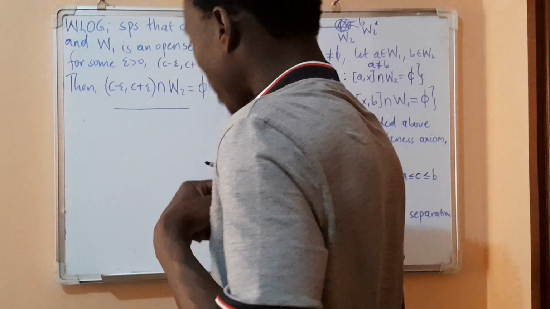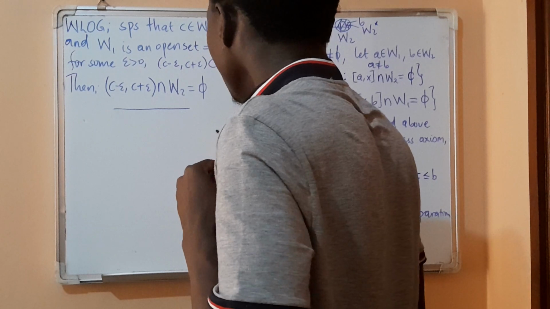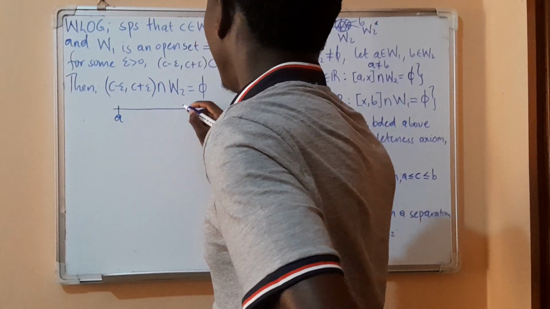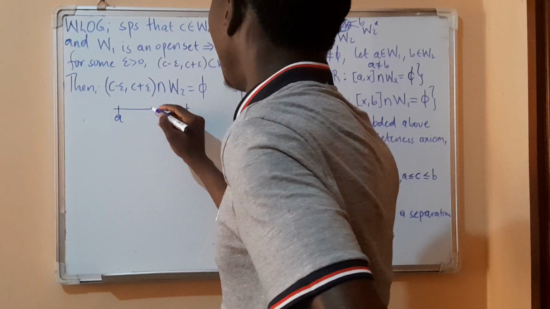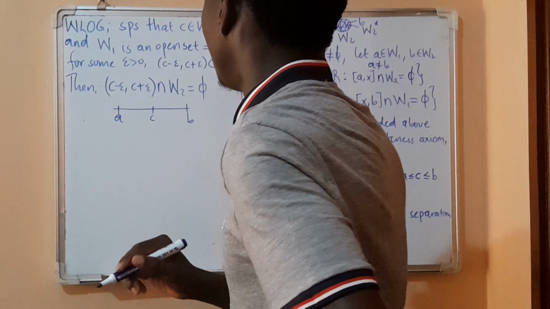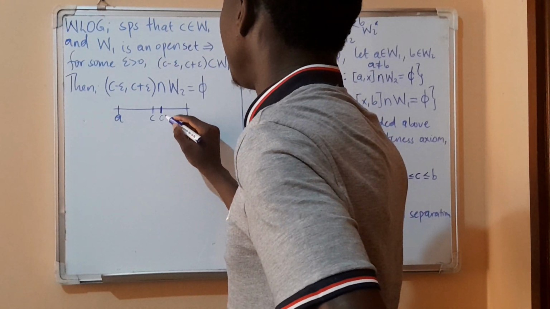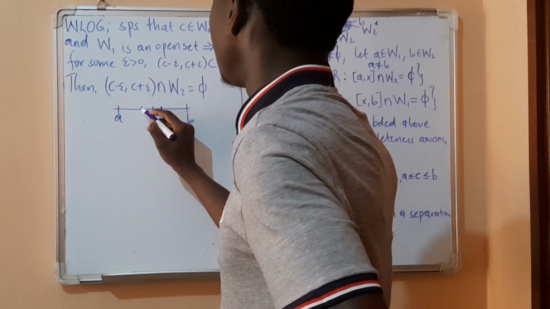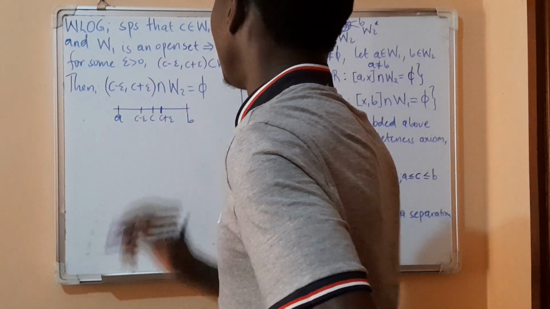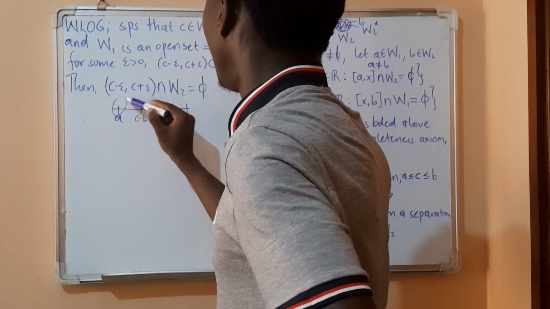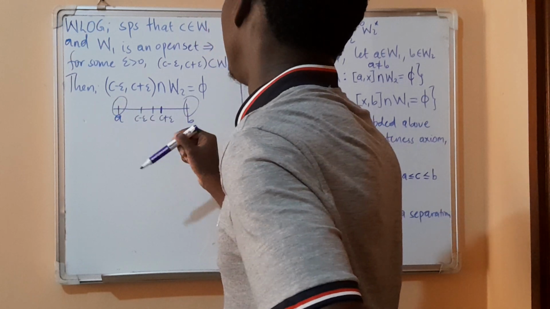I have my point A somewhere. I also have my point B somewhere, and also my C in there. So I'm considering the epsilon neighborhood of this C. So I have C plus epsilon, then C minus epsilon. This is W1, this is W2.